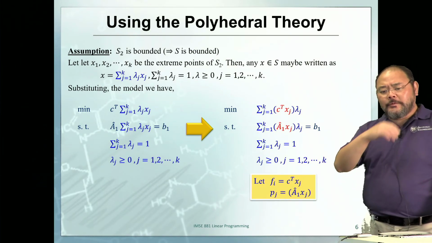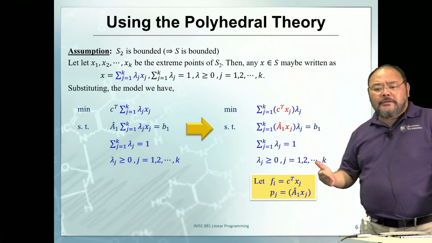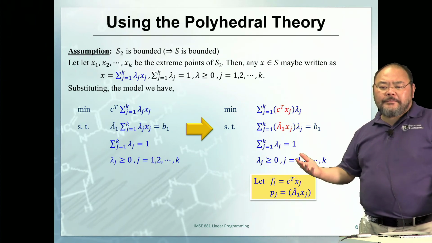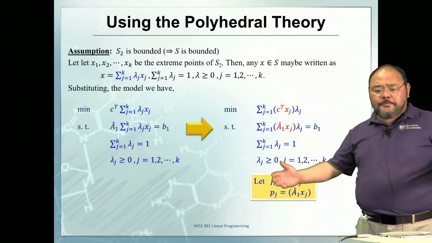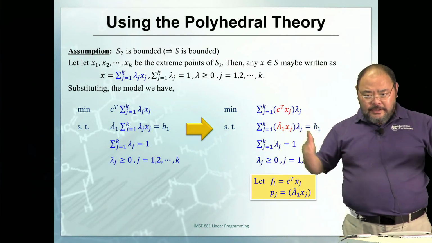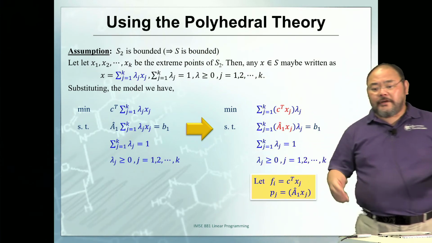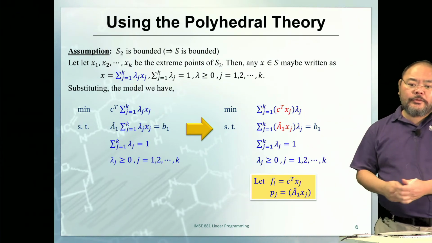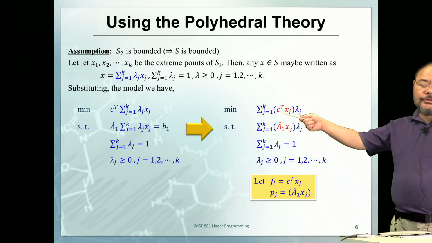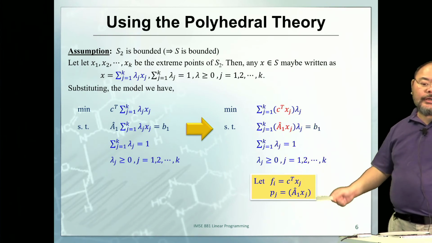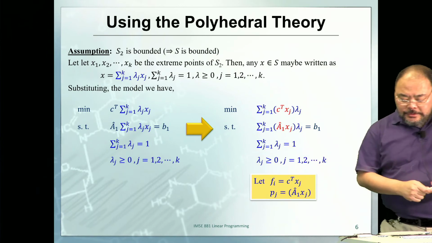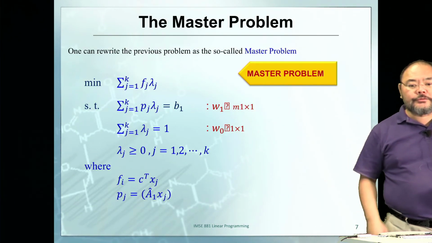We just have to find out how many extreme points, or the minimum number of extreme points, I need to define the optimal solution. Instead of finding the optimal solution directly, I just need to find how many extreme points I need. That's why we're doing this variable substitution: C transpose times xj we call fj, and A1 hat times xj we call pj. The next slide shows you the result.